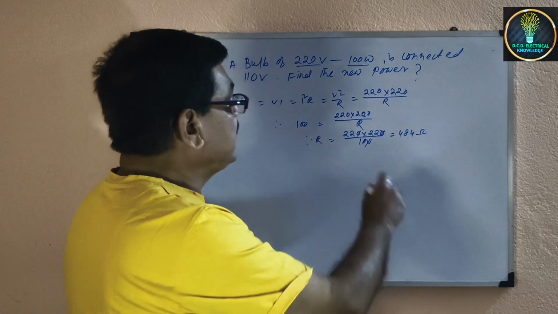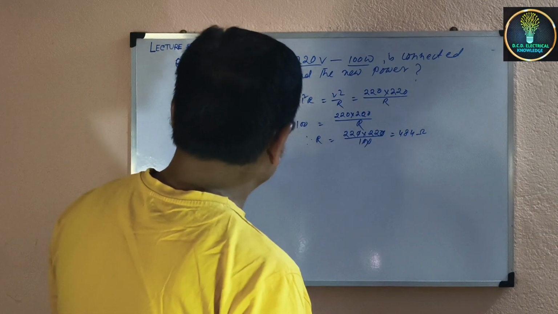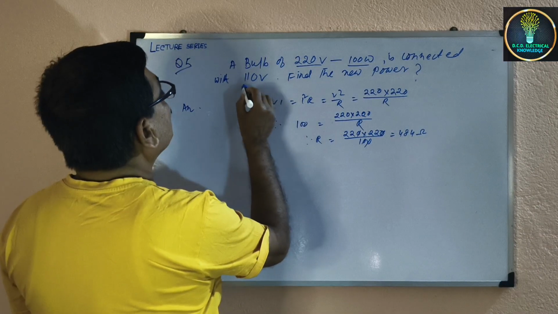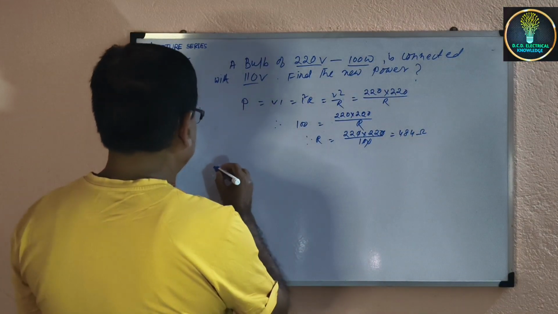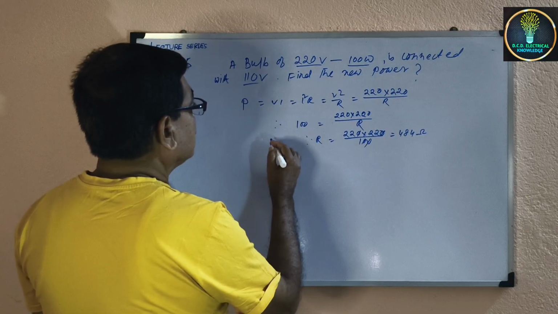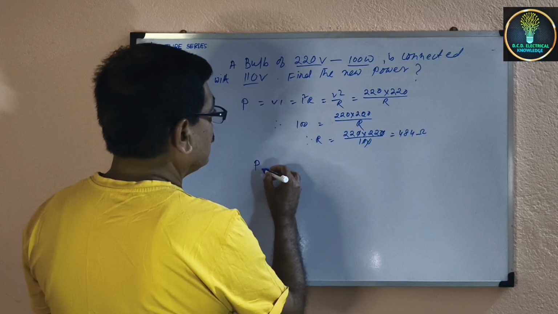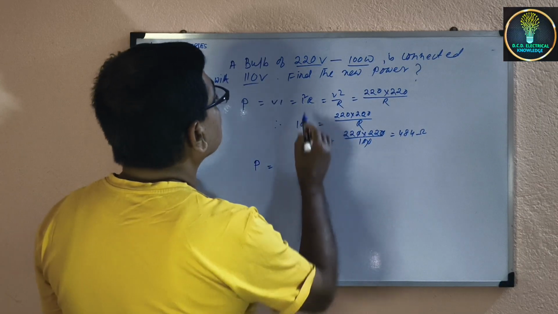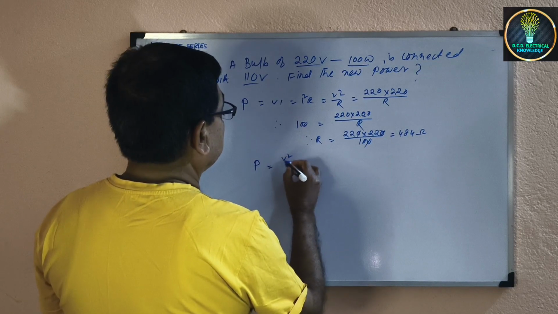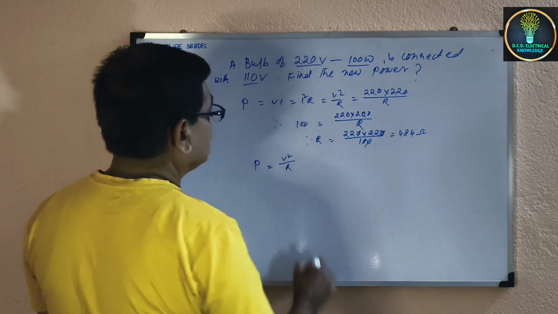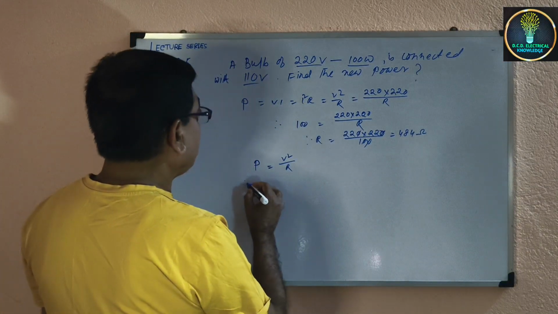Now this bulb, that is 484 ohm resistance, is connected with 110 volt and find the power. Then we can find the power P according to this formula, V square by R. Now put this value.